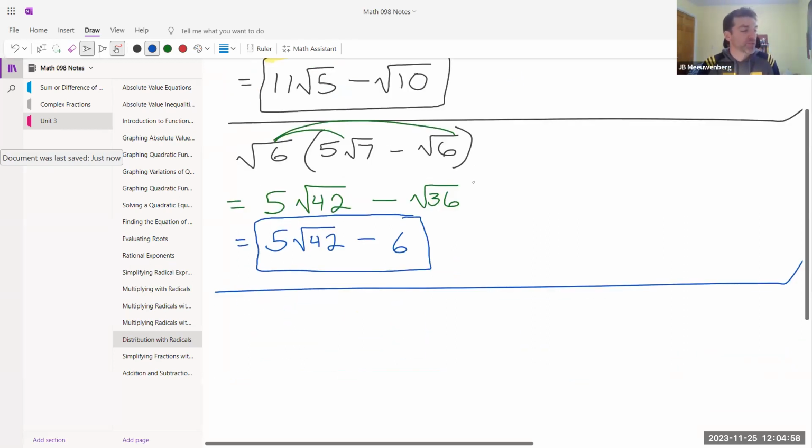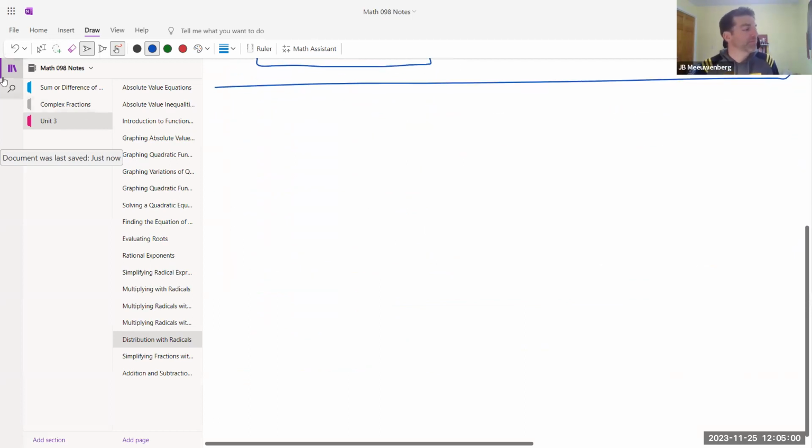Another thing that we can do with distribution is work with binomials. We can look at something like this.